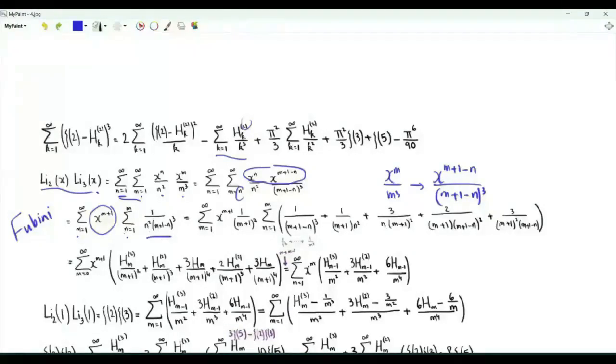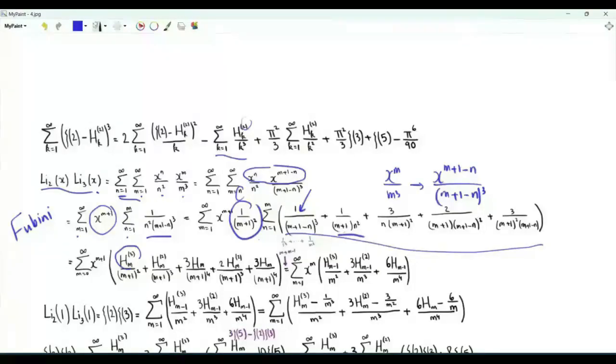When we apply partial fractions to the summand with respect to n, 1 over the square of n times the cube of m plus 1 minus n, we get 1 over m plus 1 squared times this bracket with 5 terms. When we sum this part, we get 1 over 1 cubed plus 1 over 2 cubed, all the way to 1 over m cubed. That's the mth generalized harmonic number of order 3.